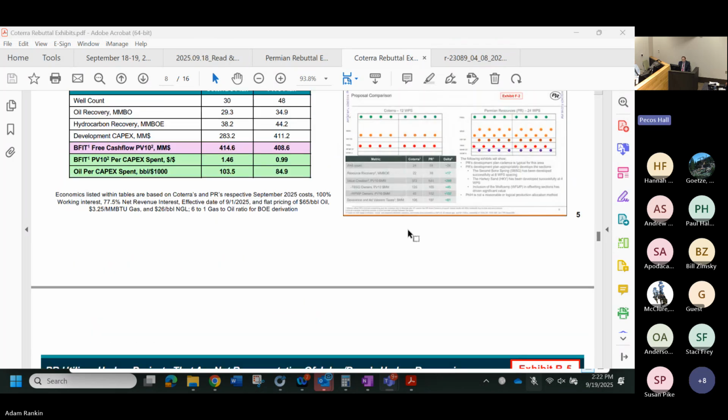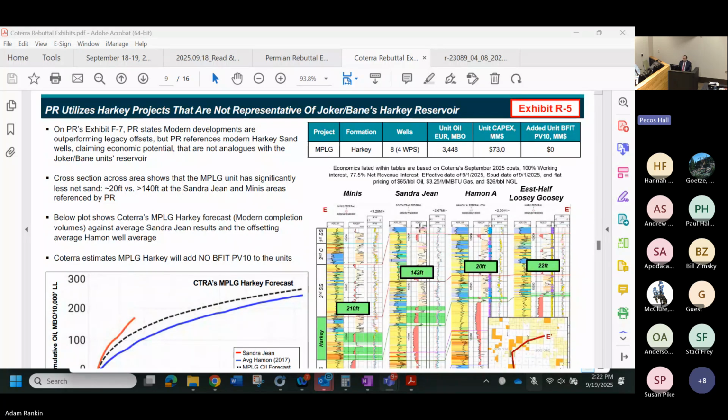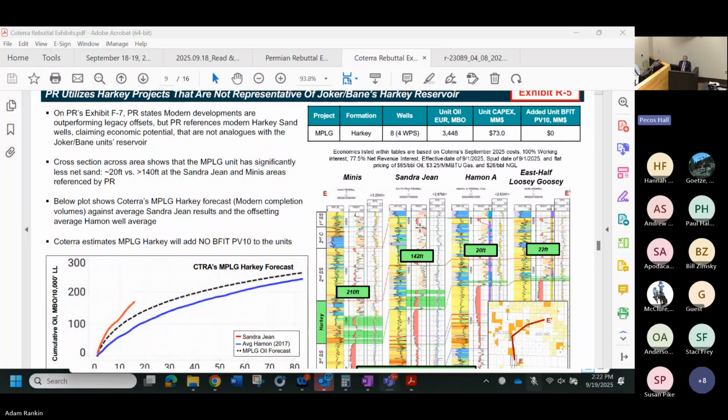Looking at Exhibit R4 on rebuttal here, as part of the case in chief, Coterra has alleged or claimed that all of Permian's development constitutes economic waste. Agree?